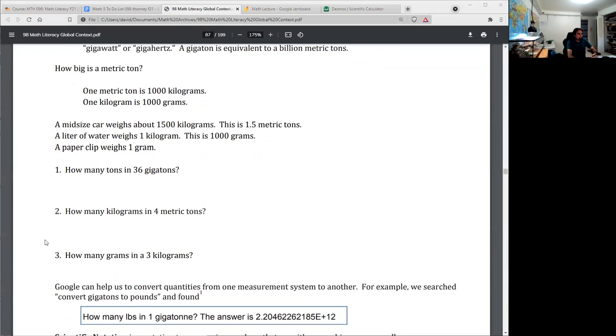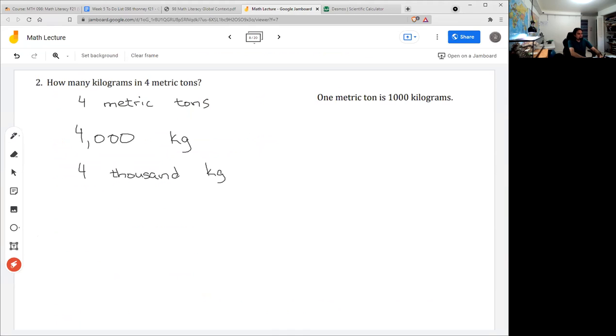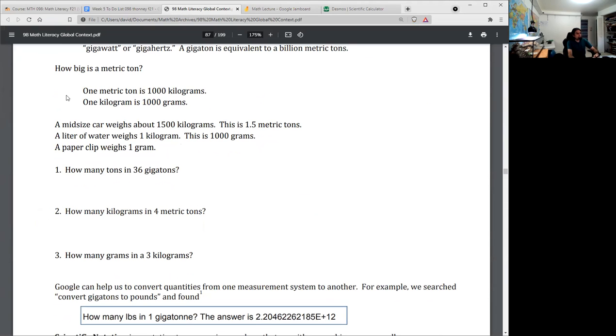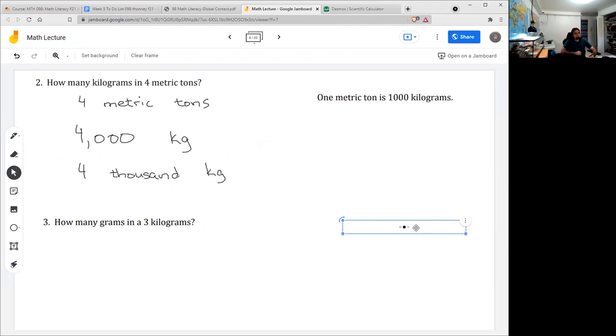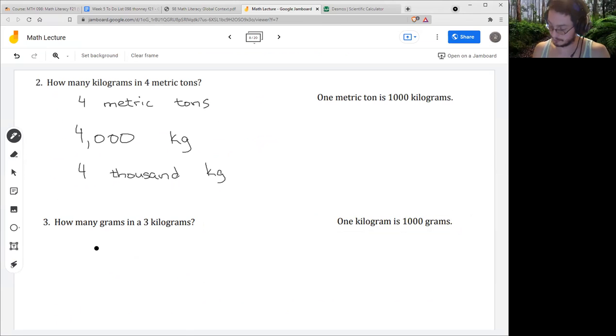How many grams are in 3 kilograms? Somebody tell me what to do for this one. Just multiply 3 by 1,000. Yeah.